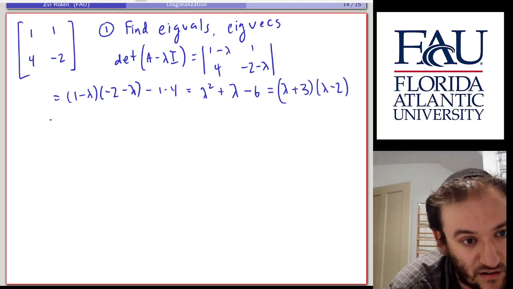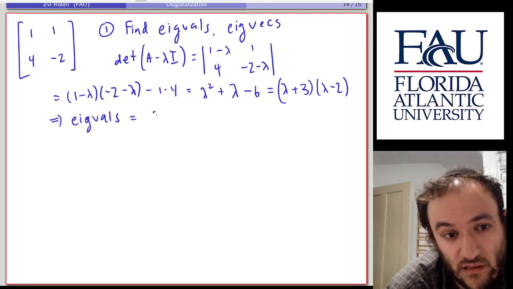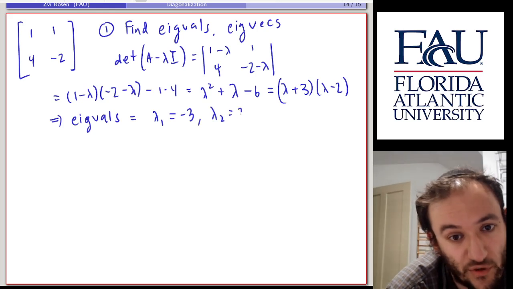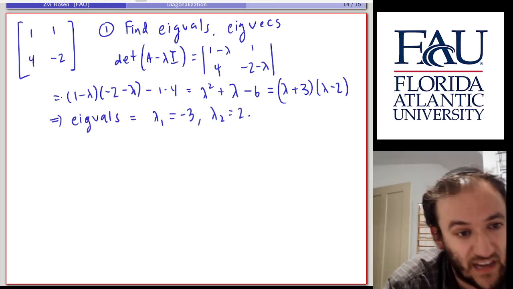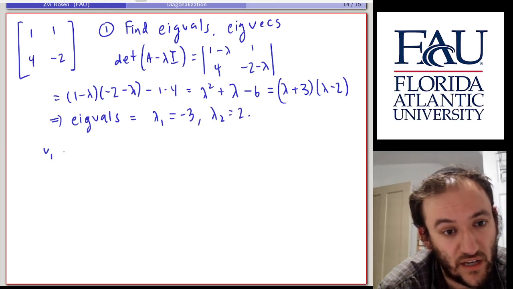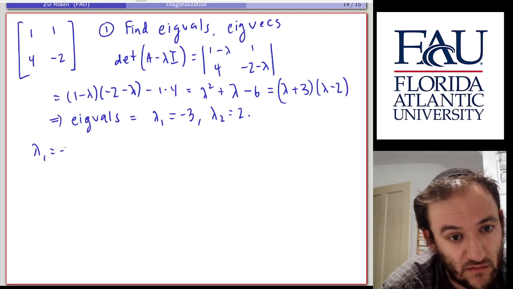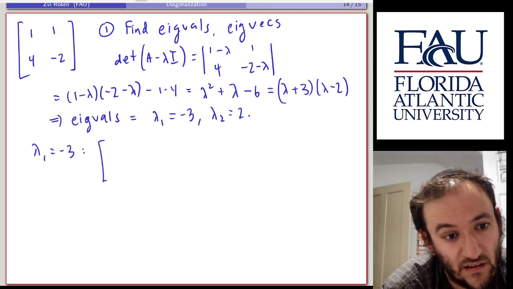So that means that our eigenvalues are lambda 1 equals negative 3 and lambda 2 equals 2. Okay, and now we need the corresponding eigenvectors. So first plug in lambda 1. We get (4, 1, 4, 1).